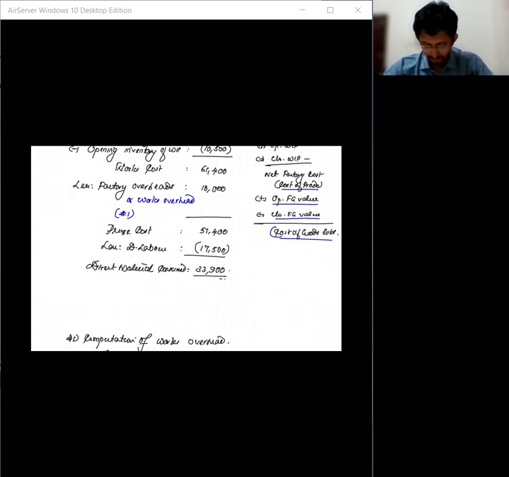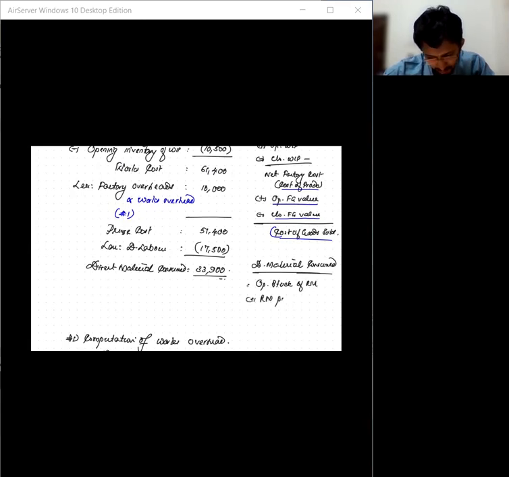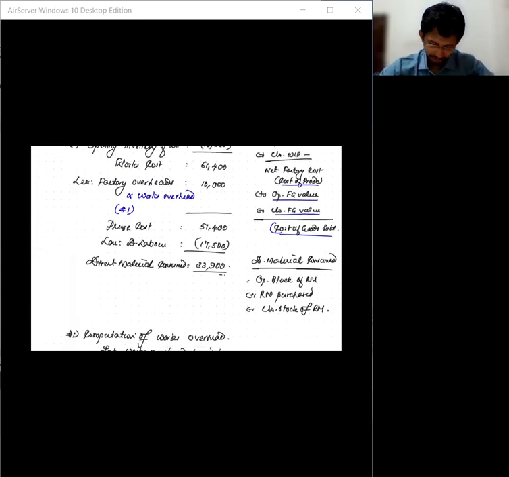Now you know what is direct material consumed. What is the formula? This is equal to opening stock of raw material plus raw material purchased minus closing stock of RM. Fundamental formula.